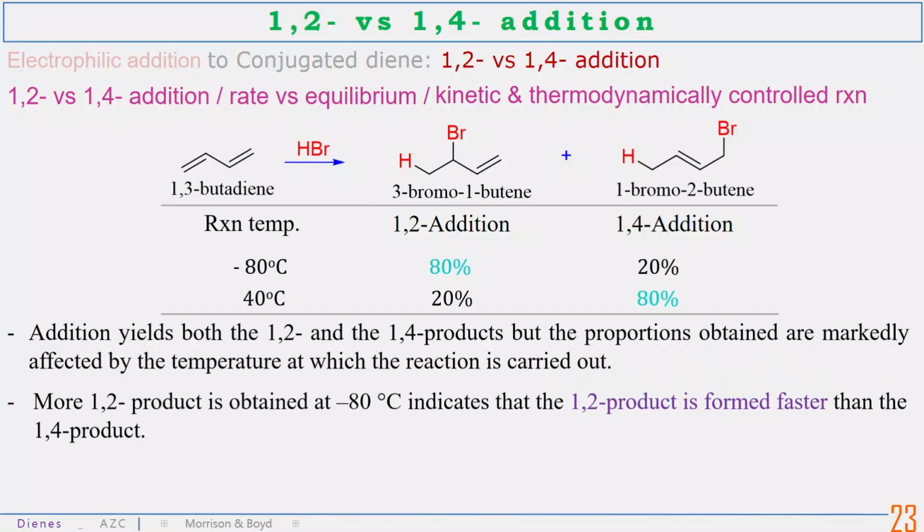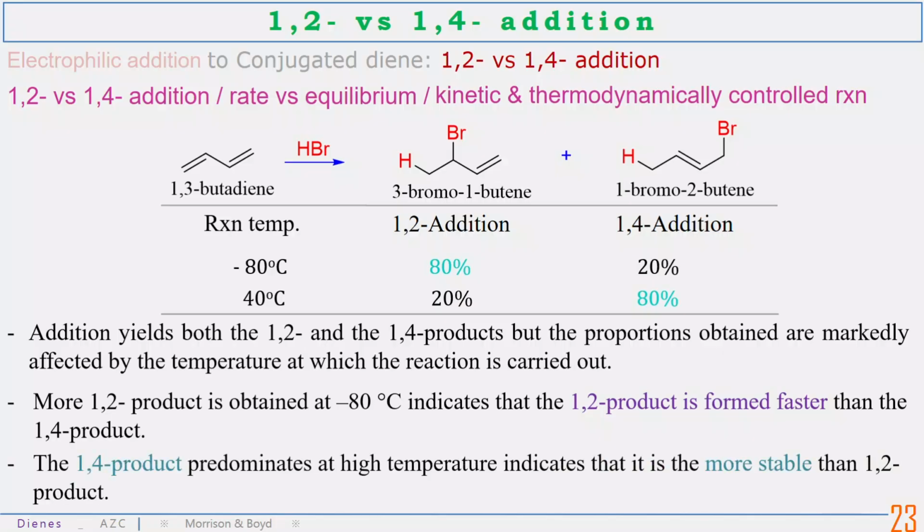More 1,2 product is obtained at -80 degrees Celsius. This indicates that the 1,2 product is formed faster than the 1,4 product. That the 1,4 product predominates at high temperature indicates that it is more stable than the 1,2 product.